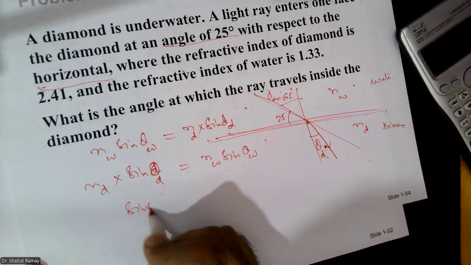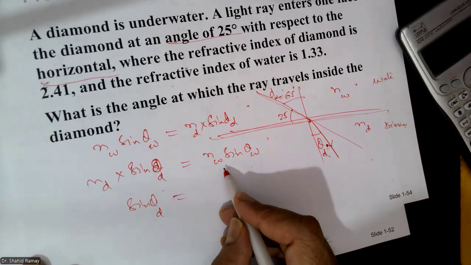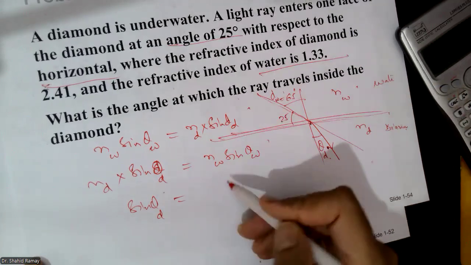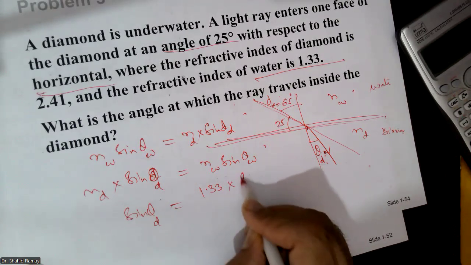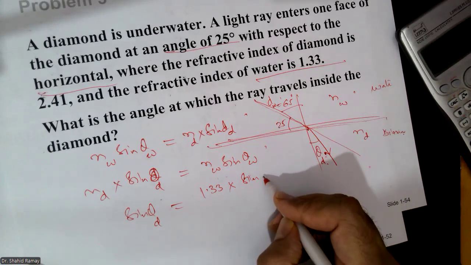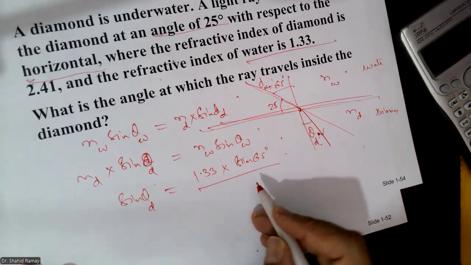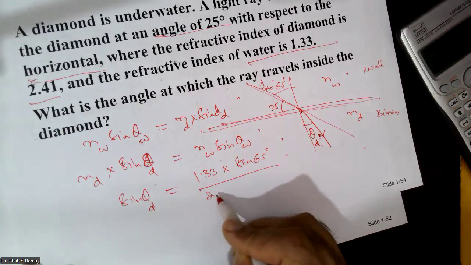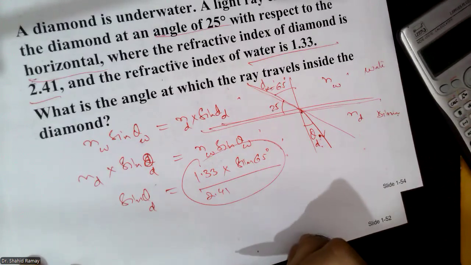So sine theta_D is equal to n_W, the refractive index of the water, which is 1.33, times sine theta_W, which is 65 degree, divided by n_D, the refractive index of diamond. This is 2.41. Now you can solve this one, okay?